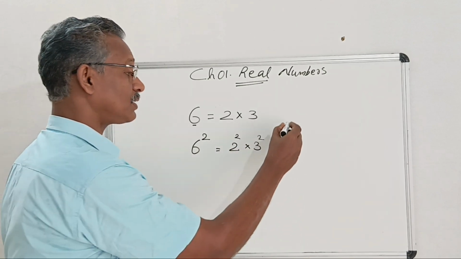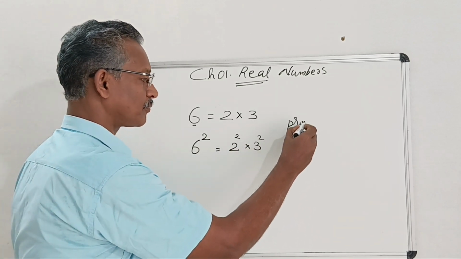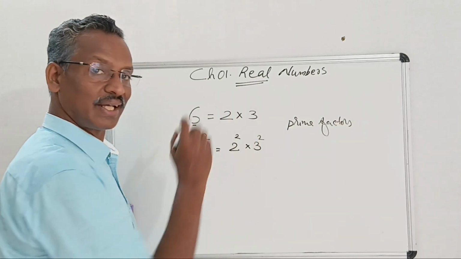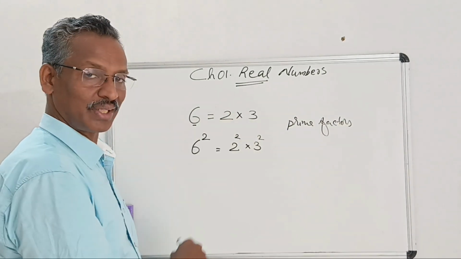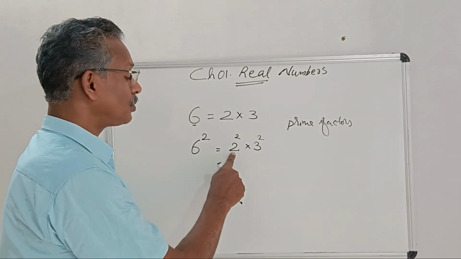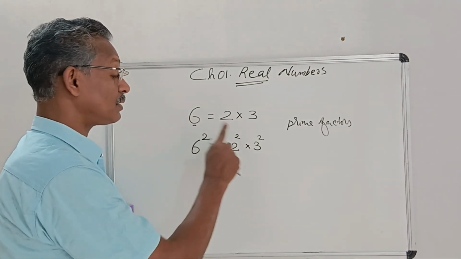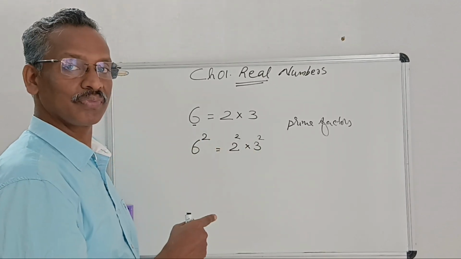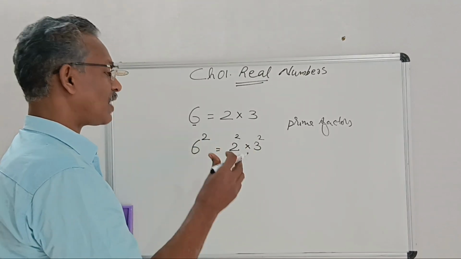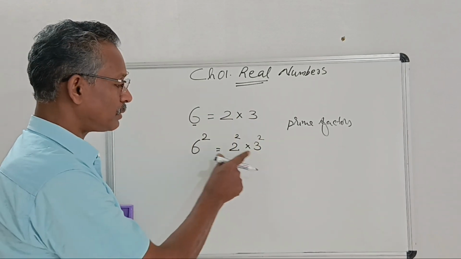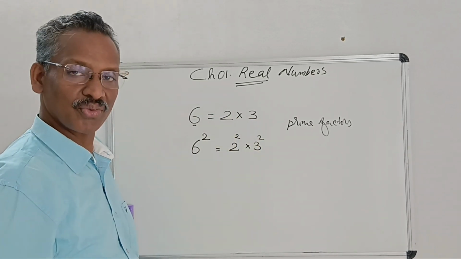Be careful, it is only about prime factors. 6 contains the prime factors 2 and 3. 6 square also contains the prime factors 2 and 3, but not 1 time, it is in square, or 2 times 2 and 2 times 3 are here. So whatever prime numbers are present in the number, the same prime numbers are present in the square number also.